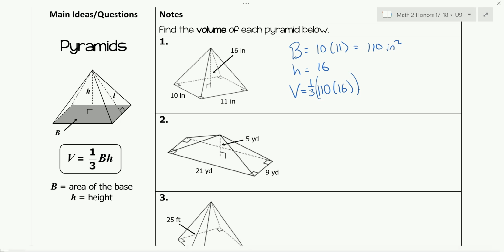So let's get the exact answer. First of all, let's practice doing that. Exact answer, and then let's get the approximate value. So the exact answer is going to be in fraction form or square root form. So I'm going to multiply the 110 times the 16.